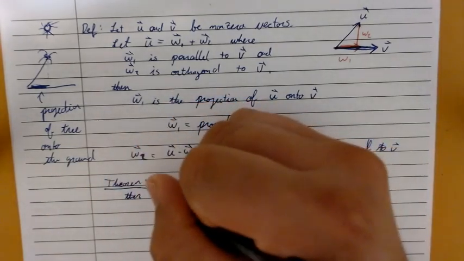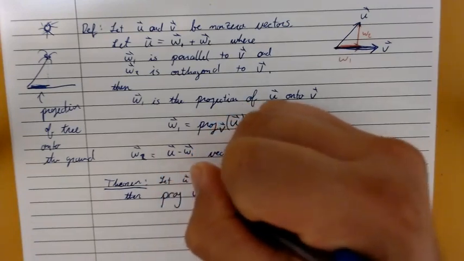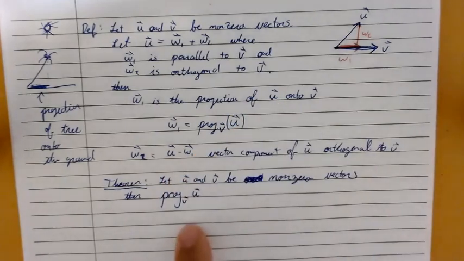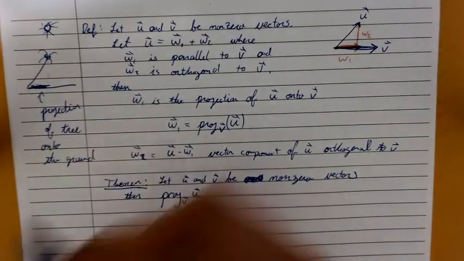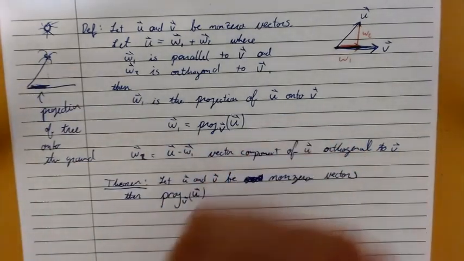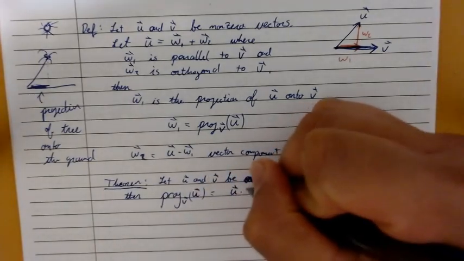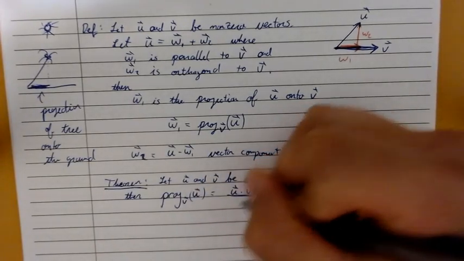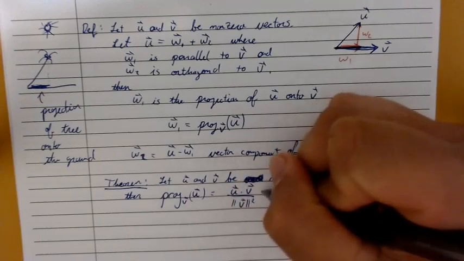Then the projection of u onto v, remember the notation, u is the one you're projecting, v is the one you're projecting onto, u is your tree, v is your ground, is given by u dot v over the magnitude of v squared.